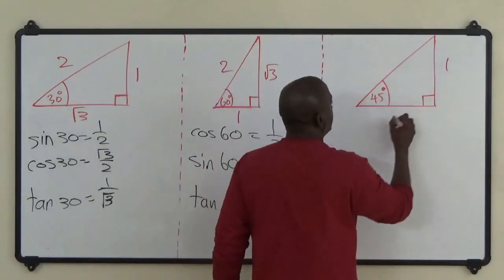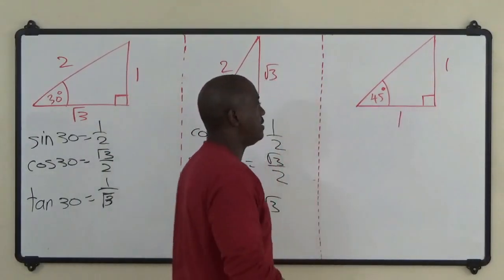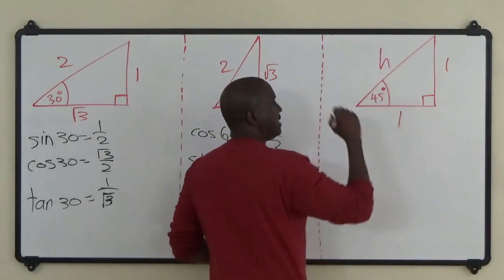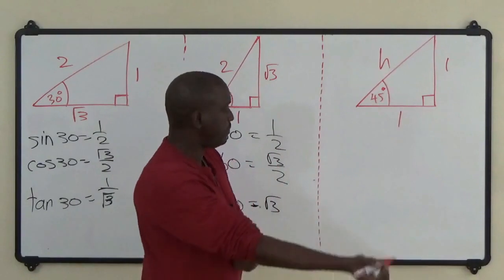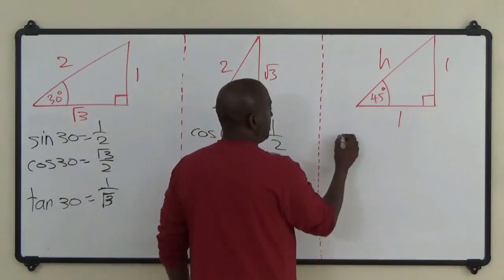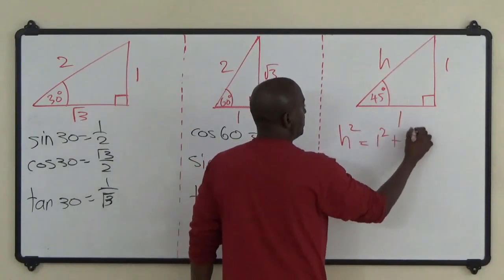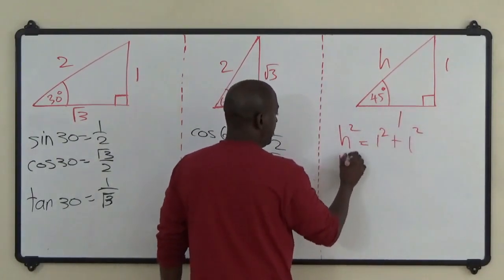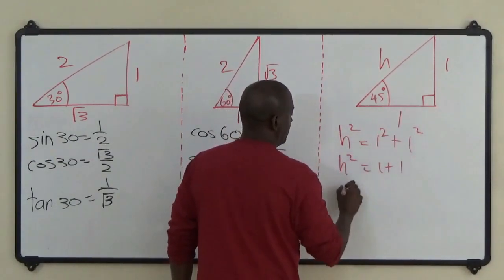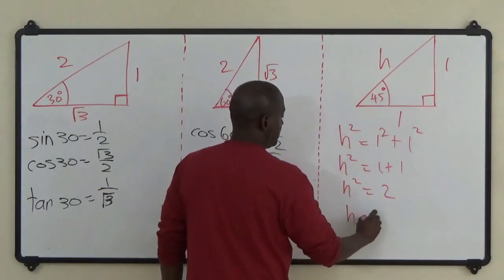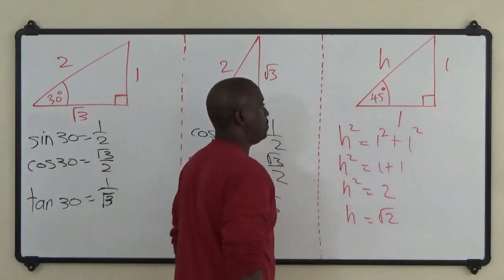Tan is opposite over adjacent, 1 over 1. It means that we can then use Pythagoras theorem to find the length of the hypotenuse. So hypotenuse squared is equal to 1 squared plus 1 squared. H squared is equal to 1 plus 1. So your H squared is equal to 2.